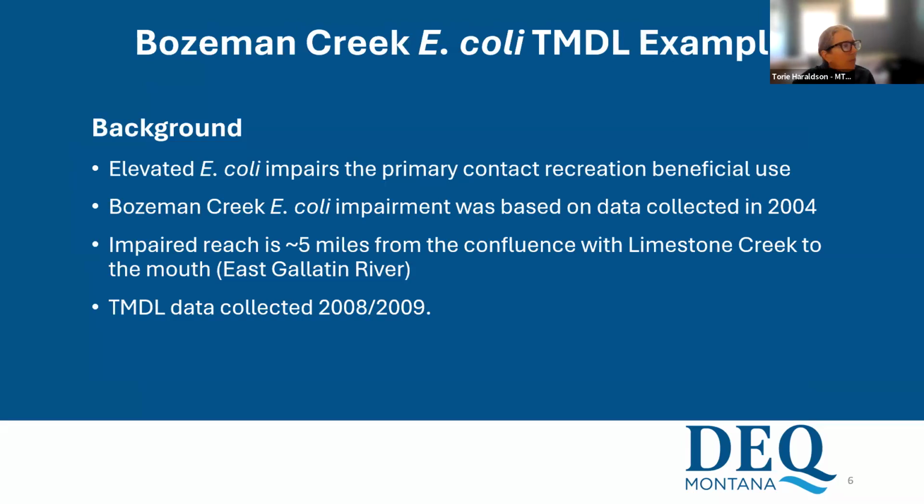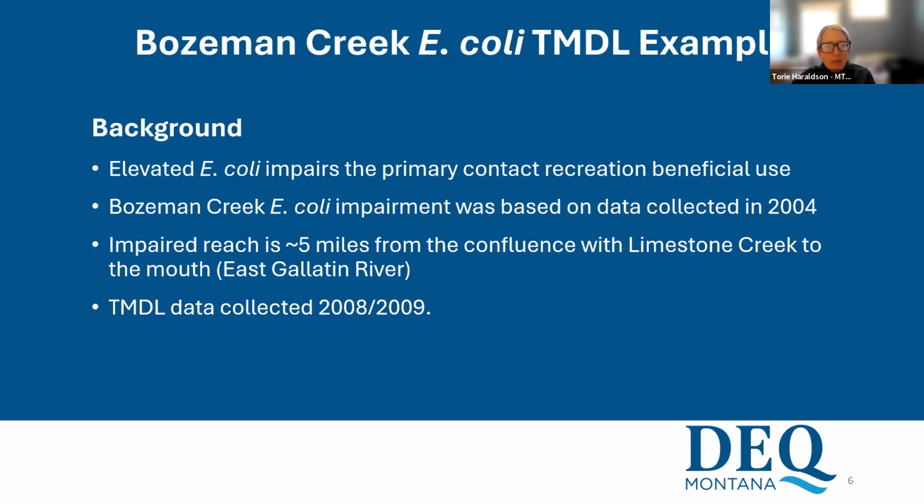And so the last few slides are maybe a little messy, but they just walk through the basics of source assessment and TMDL development for the E. coli impairment on Bozeman Creek. So in general, elevated E. coli concentrations impair that primary contact recreation use due to increased risk of waterborne illness.